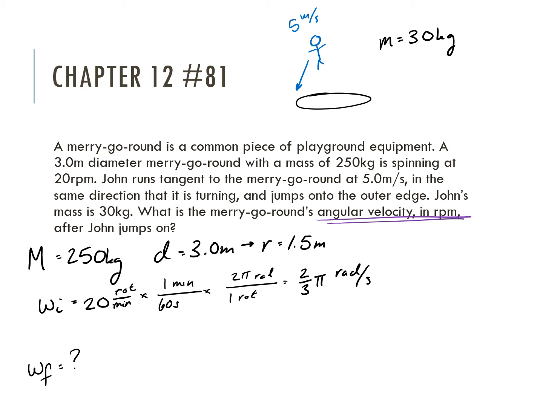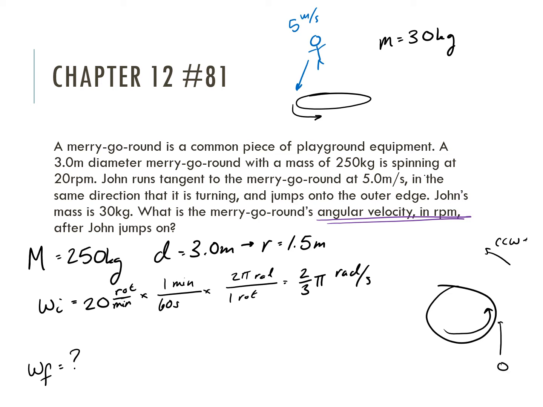We are told that John jumps on in the same direction the merry-go-round is turning. So let's draw this from the top. I just want to deal with positives, so I'm going to say that counterclockwise is positive, and I'm going to have John coming from over here.